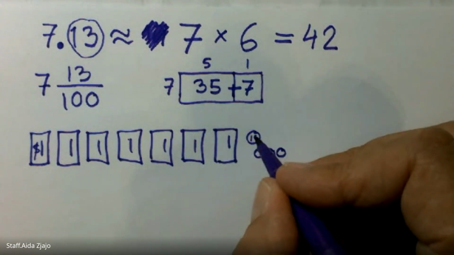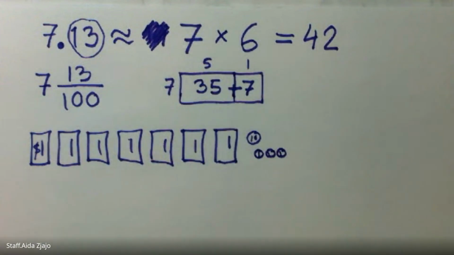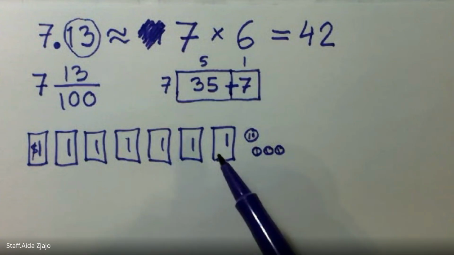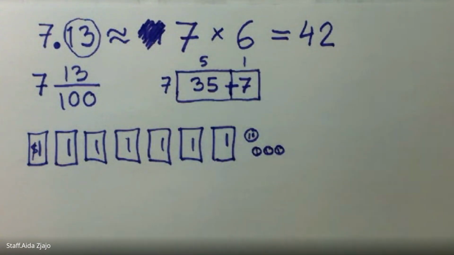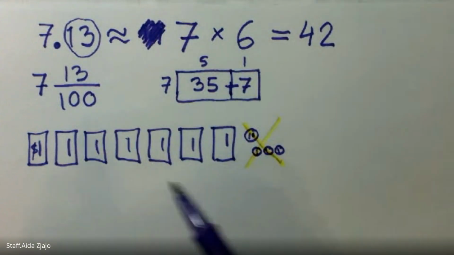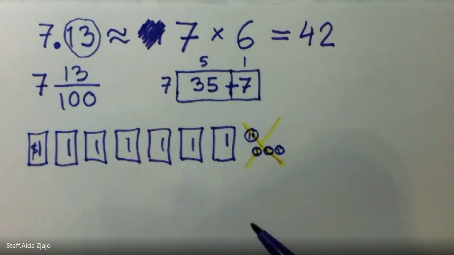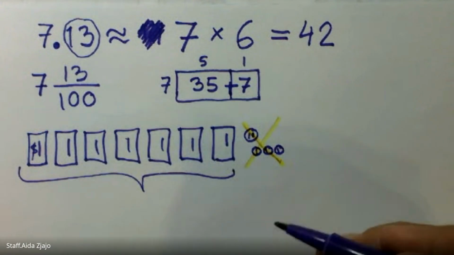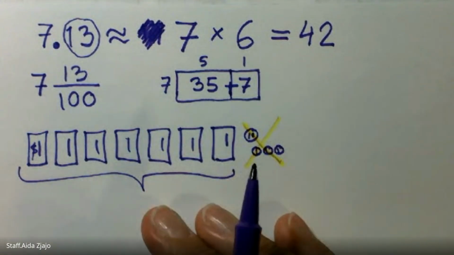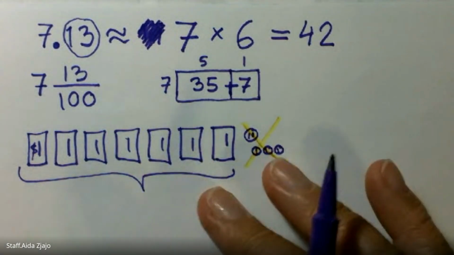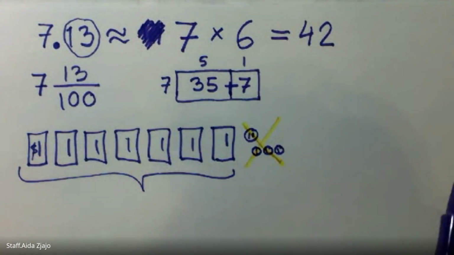So that's 10, and then pennies are 1. So this is too small to make a new dollar. So that's why we are taking only that we have $7. And then when you think that you have 6 groups of $7, you have $42 as your answer.